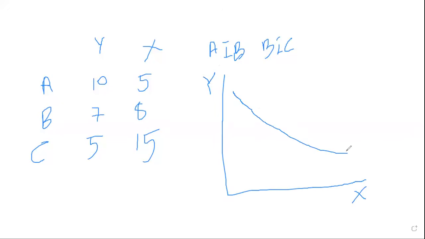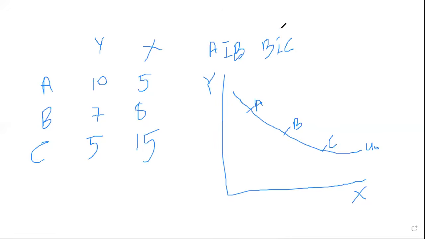That curve is what we call an indifference curve. All these points offer the same level of satisfaction to the consumer.